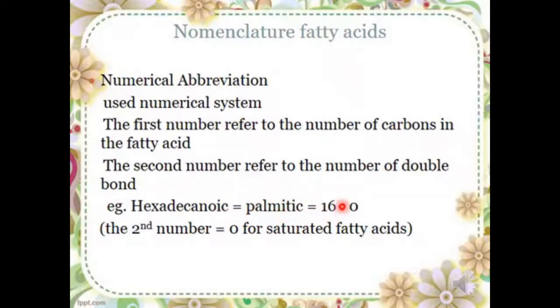Palmitic acid has no double bond. So the numerical system for hexadecanoic acid will be 16 colon 0. The 0 indicates no double bond, and 16 indicates the number of carbons.